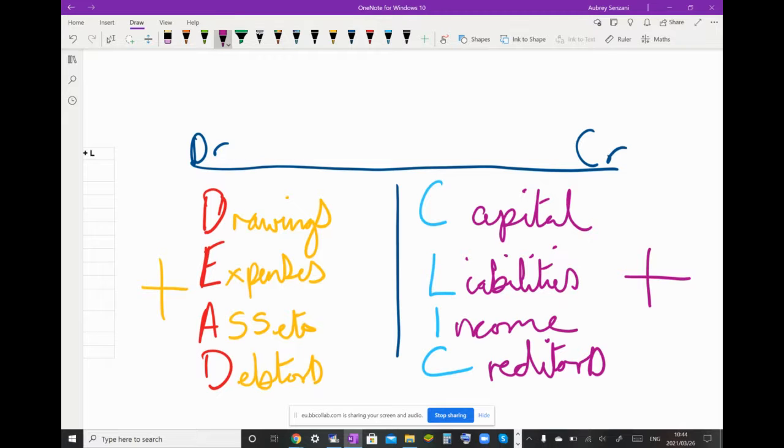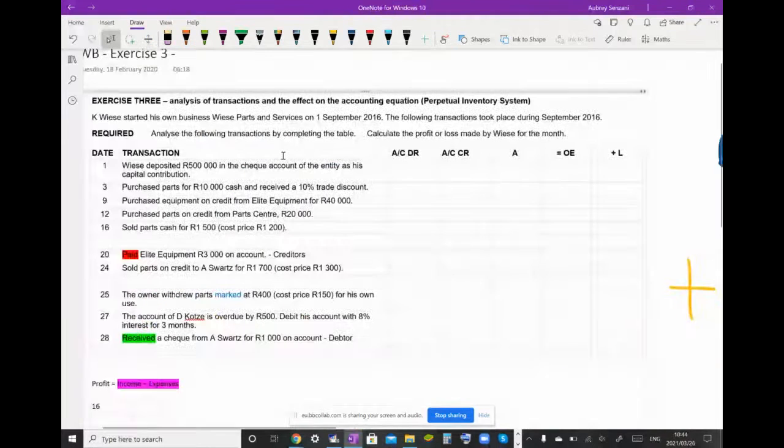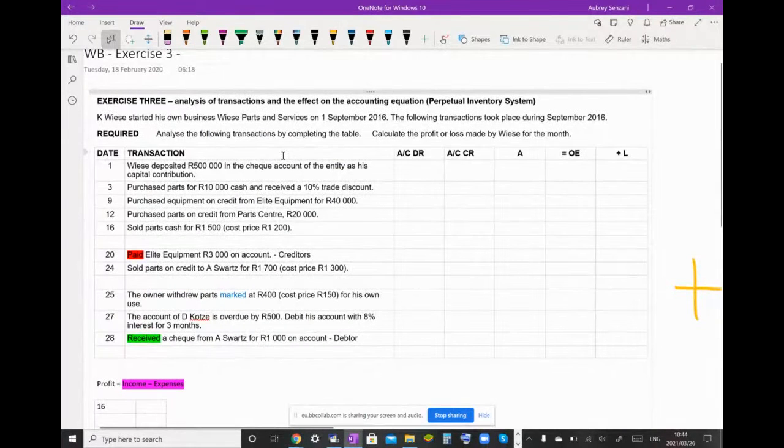If you just study the acronym DEAD CLIC and know which side they're supposed to be, you should be good. The more you practice, you won't need to think or draw this up. You'll just know this is an asset: it increases on the debit side, decreases on the credit side. So that is something that would have helped you with this exercise.